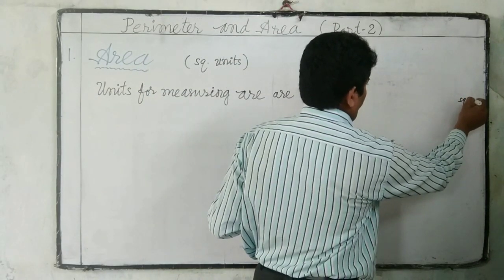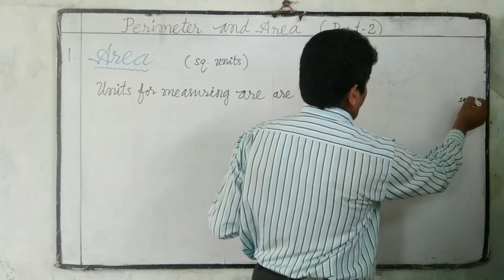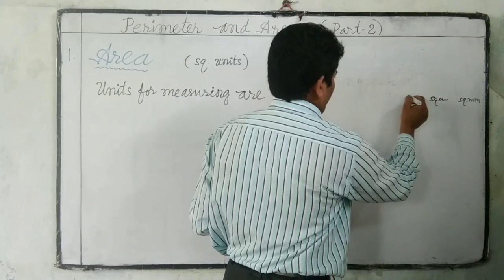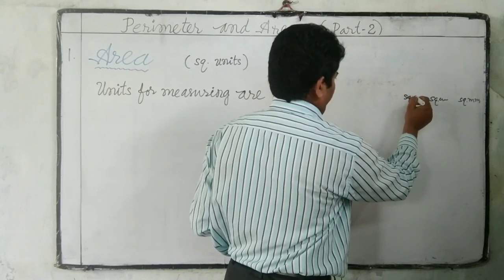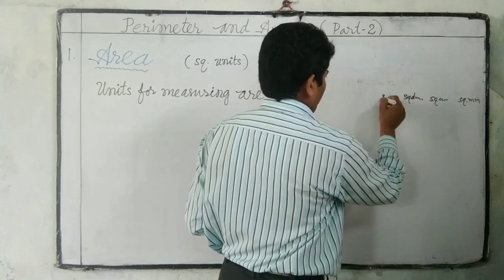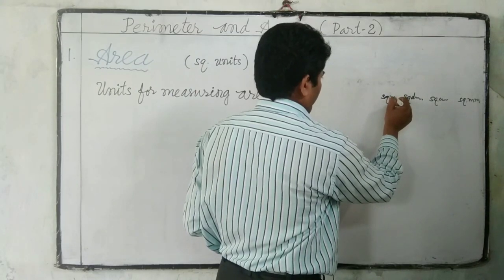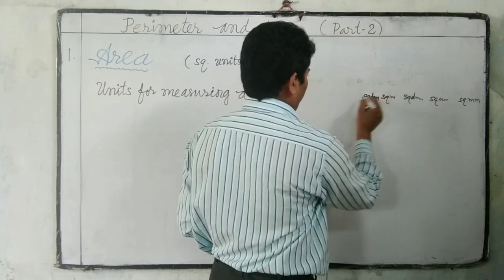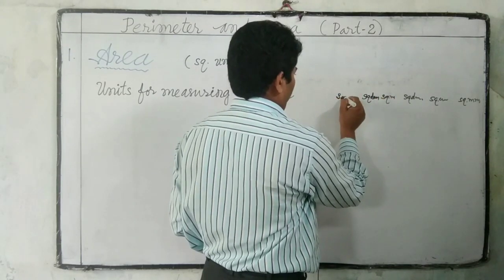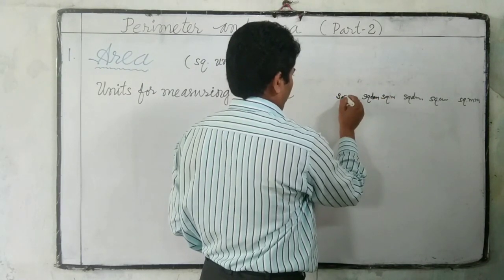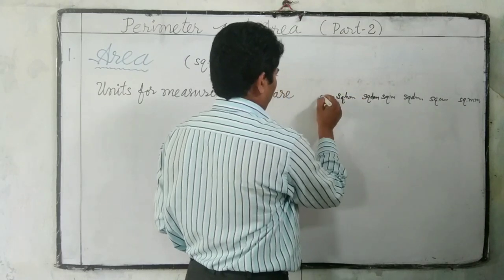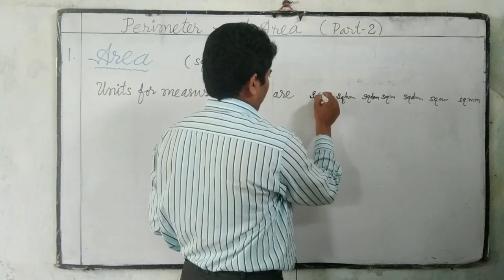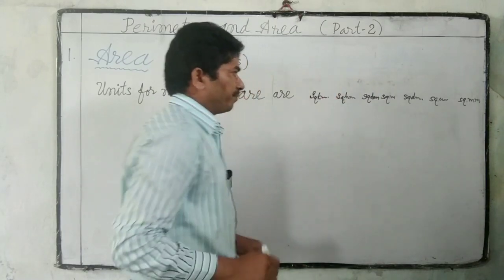square millimeter, square centimeter, square decimeter, square meter, square decameter, square hectometer, square kilometer.